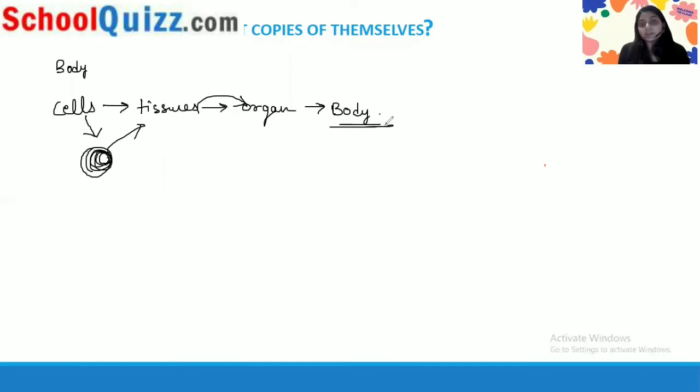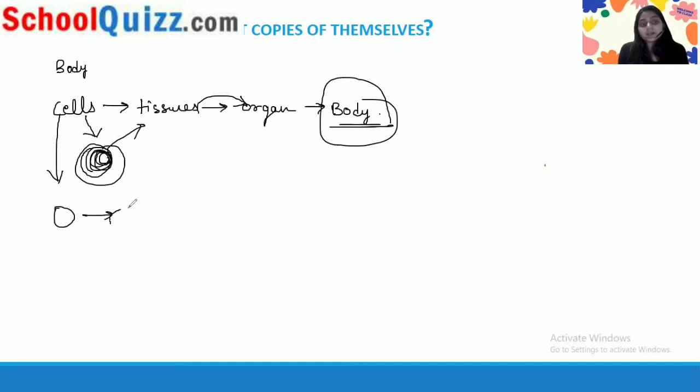Then the body finally becomes. So how do these many cells come? These are replicating themselves. These cells are dividing themselves into two, and then two are dividing like this.